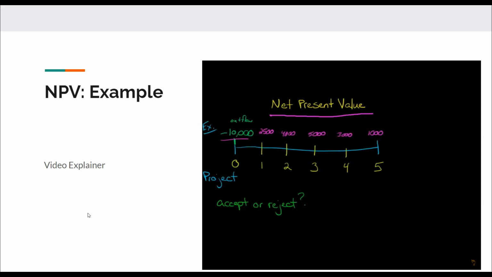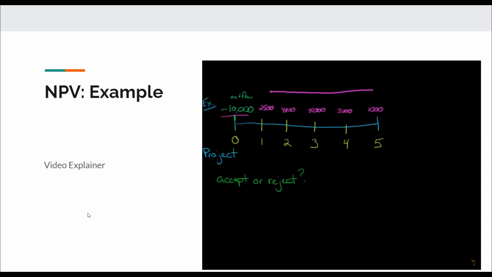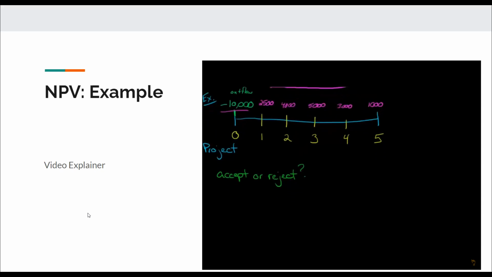And we don't have to discount the negative 10,000 because that's negative 10,000 today, so we don't have to worry about that one. But we're going to have to discount the other cash flows here. So what we're going to ultimately have is an equation that looks like this. Our net present value is going to be equal to negative 10,000.